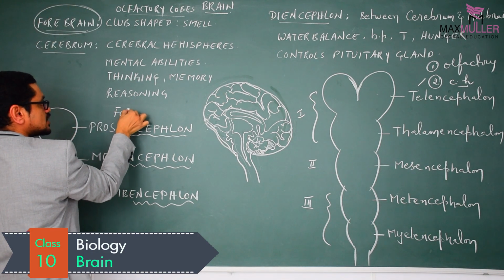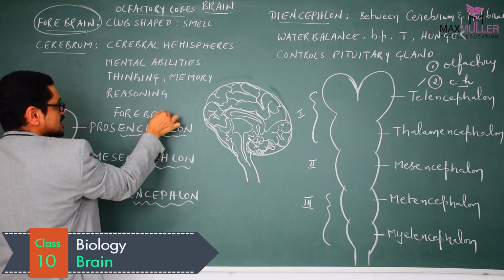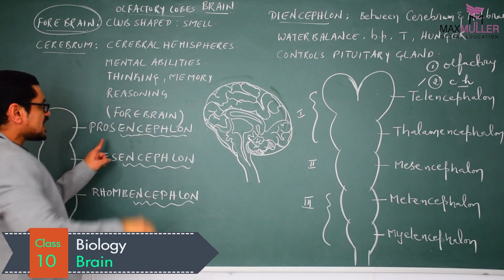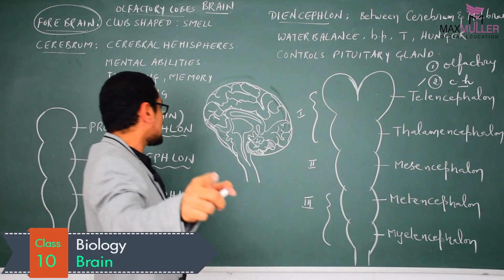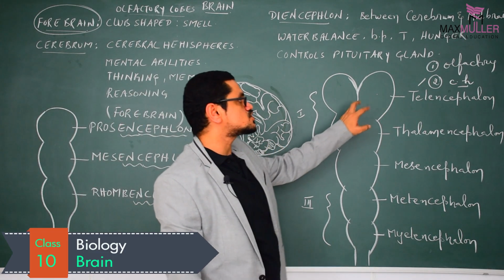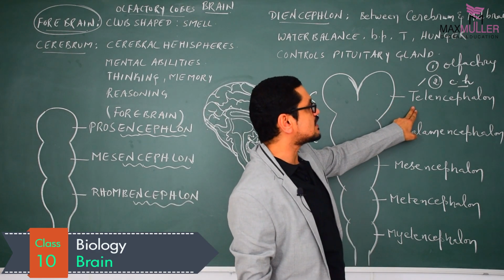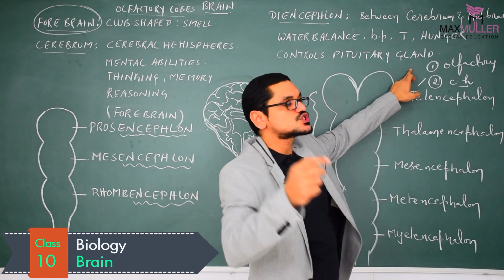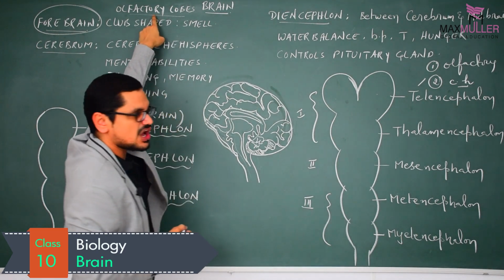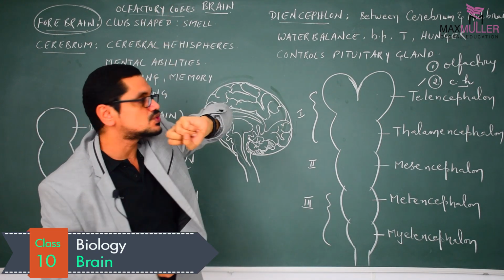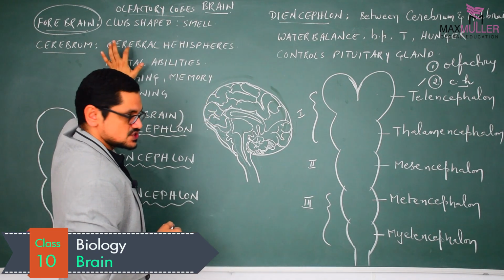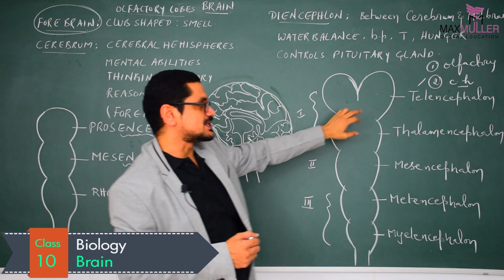So the first part of the brain is prosencephalon, and it shows two components, telencephalon and thalamencephalon. Telencephalon again shows two parts: olfactory bulbs or olfactory lobes, and number two, cerebral hemispheres.